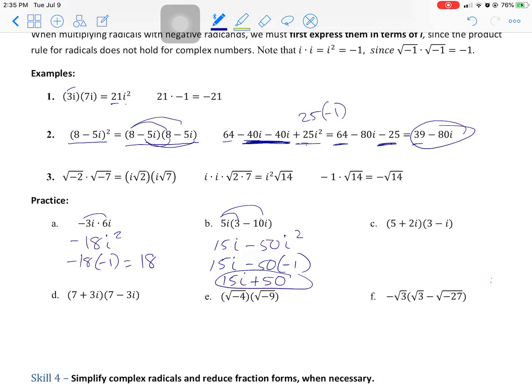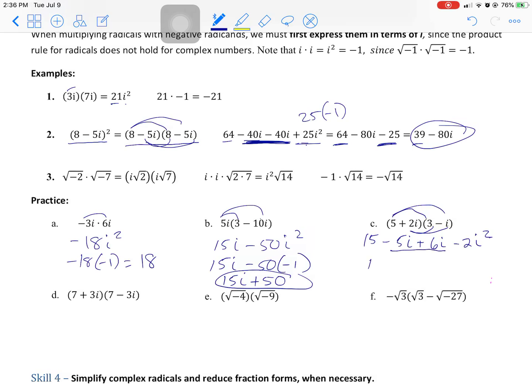Show some work to keep it nice and straight, one thing at a time. I think it's good practice to show your foiling. Positive 2 times a negative 1 is a negative 2i squared.